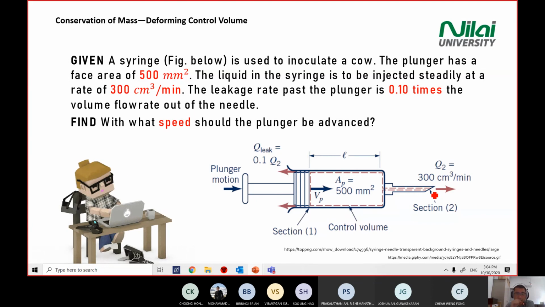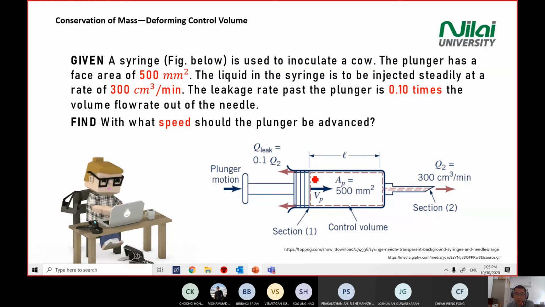The area here is not given. All right, and then there's a leak there. The leak is 0.1 Q2, which is from here. Okay, and then label your control boundary, your boundary condition. You have section 1 and section 2. These are the standard format that we're looking for when you solve a control volume question.